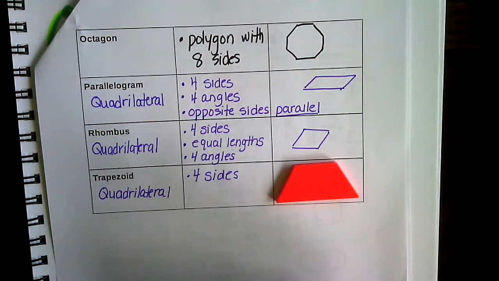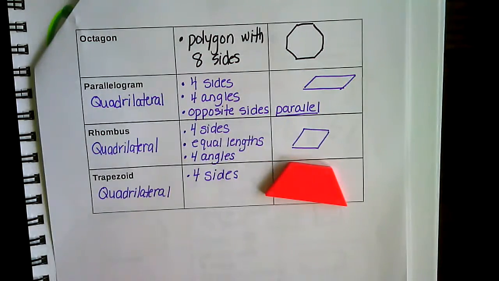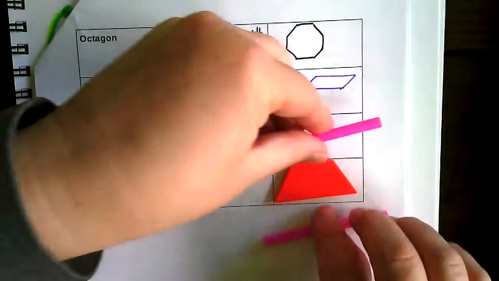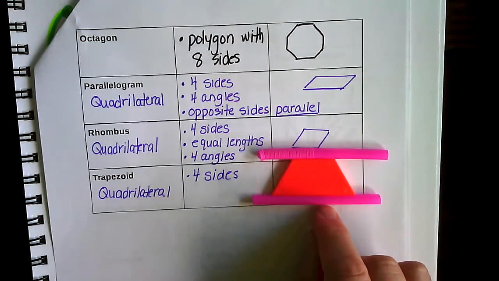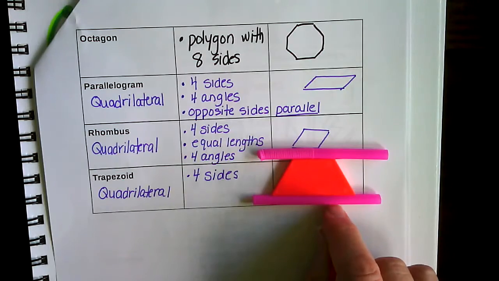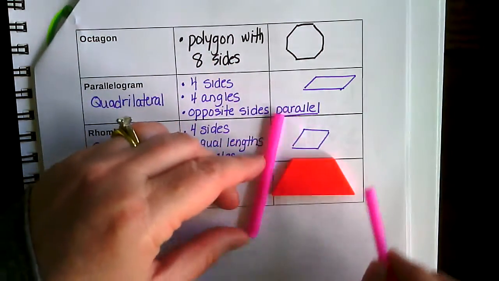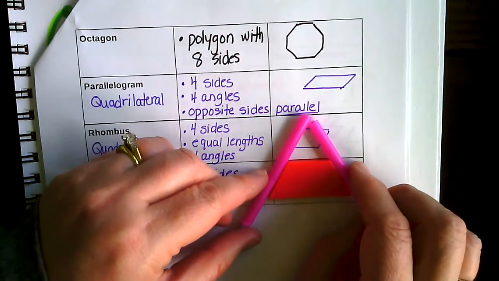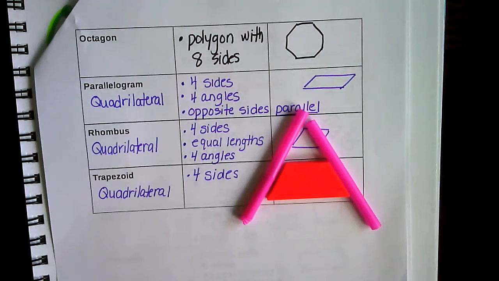What makes this different from the parallelogram and the rhombus? The opposite sides. So here's opposite sides. Those sides are parallel. They will never touch. However, these opposite sides will touch. They are intersecting.